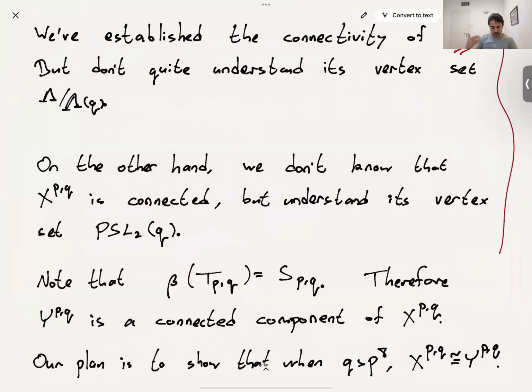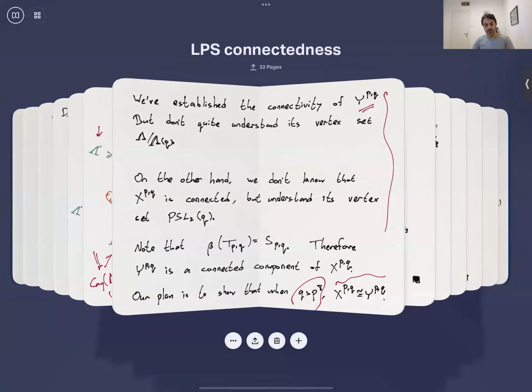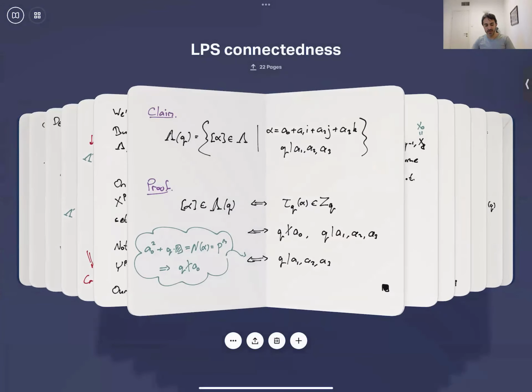And what we are going to show, again, it will take more time than I imagined, is that, assuming Q is large enough, you will see why, then XPQ is actually isomorphic to YPQ, which will make XPQ a connected graph, because Y is.